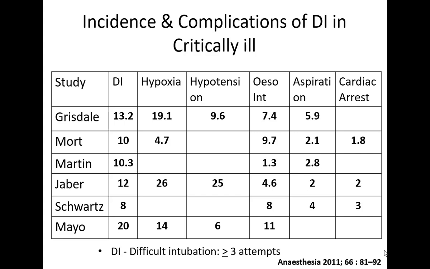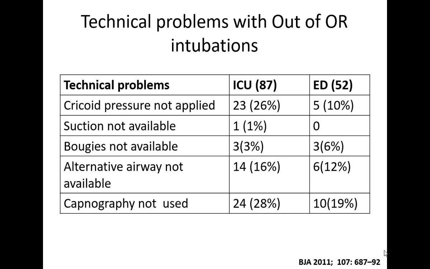The NAP4 audit found that, when compared with the previous studies, there was a high incidence of hypoxemia, hypotension, etc. in the critically ill patients when they were intubated in the ICU.